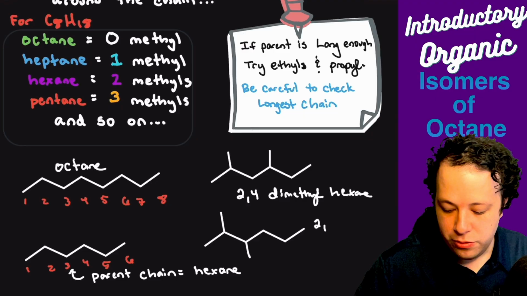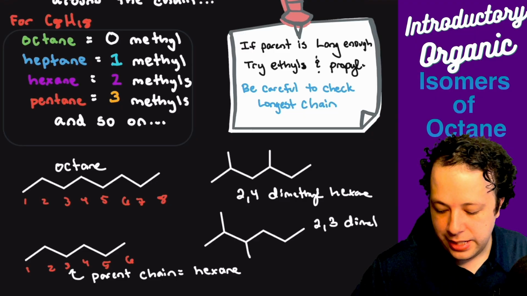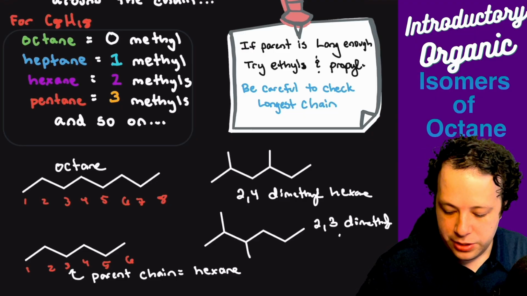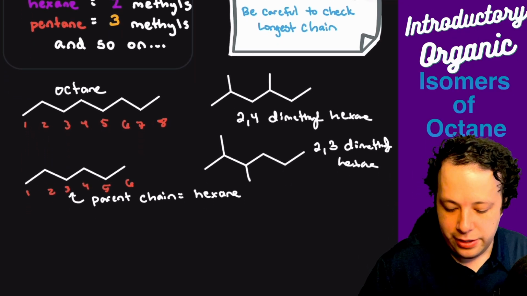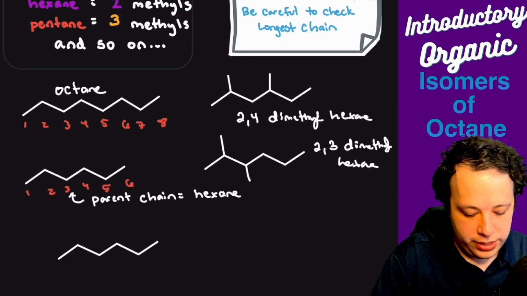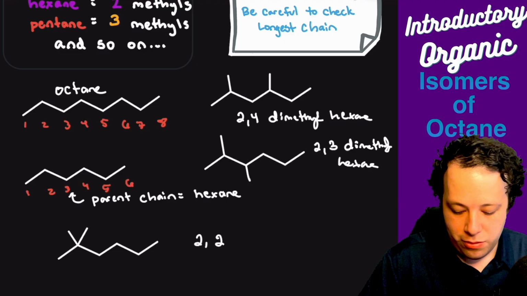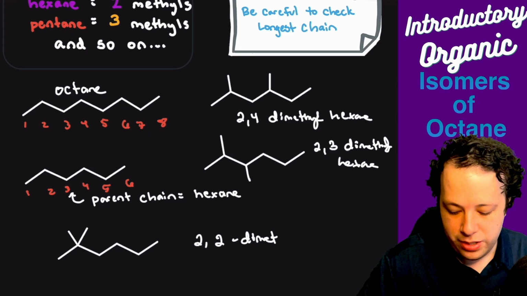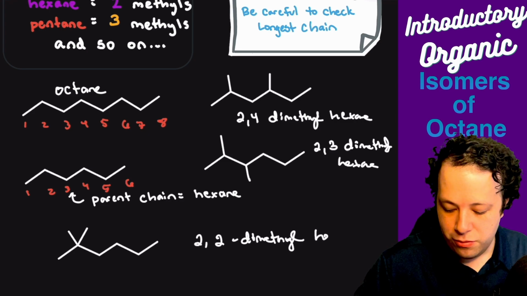So we could do 2,3 dimethyl hexane. And we're going to keep repeating all the different possibilities here. What else? We could have 2,2 dimethyl hexane. So we're just going to go through all of these possibilities.